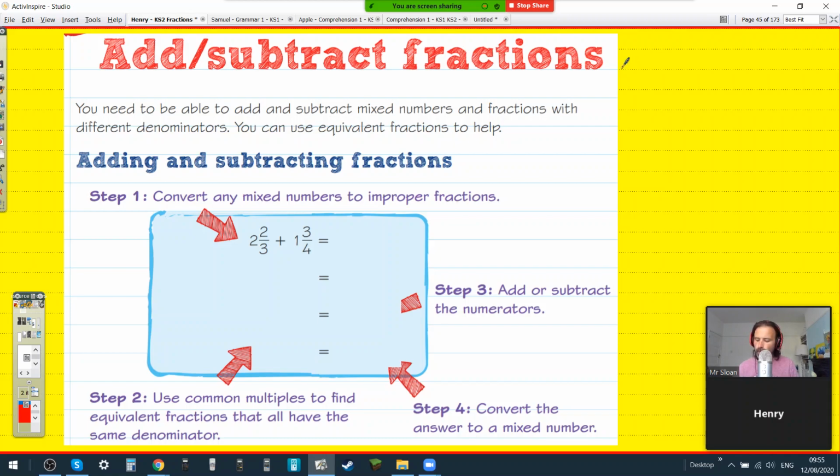Okay, yeah. So 3 wholes. I think. We can always add to it later.